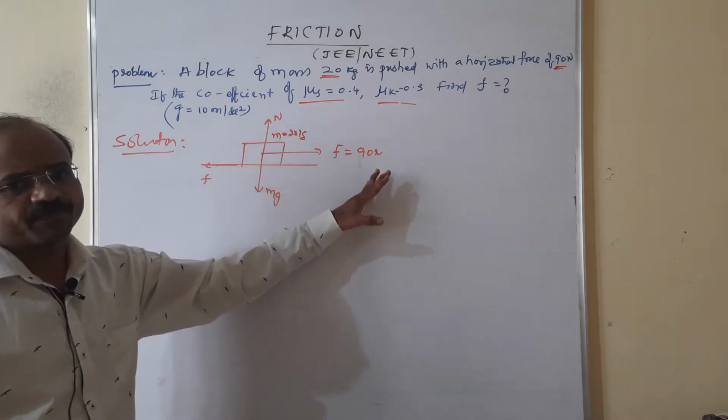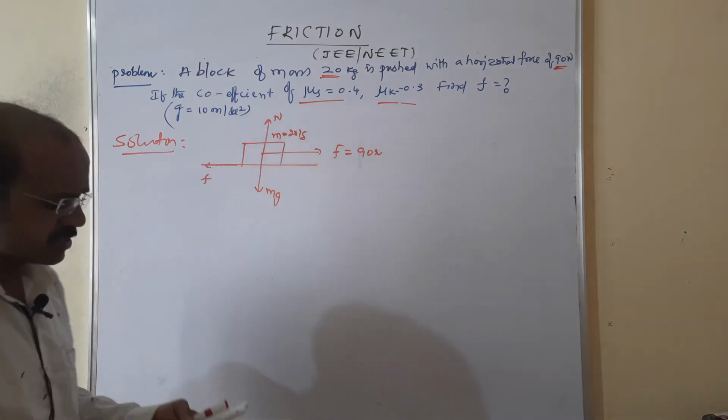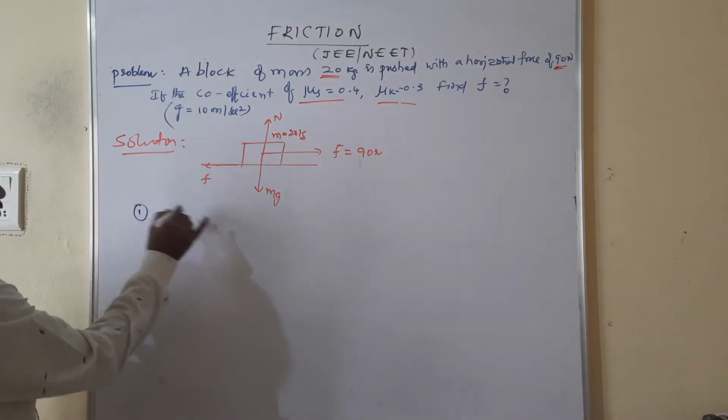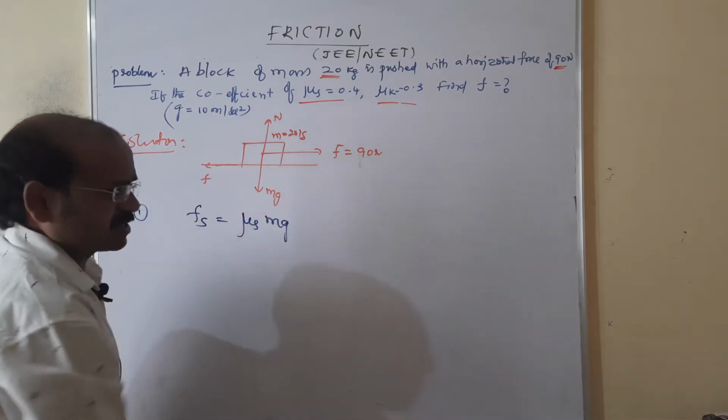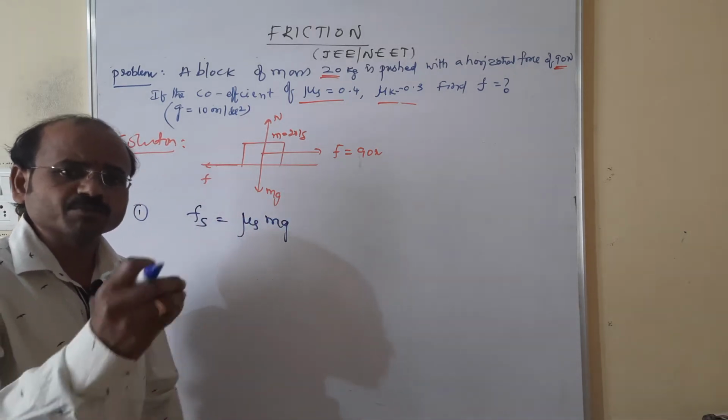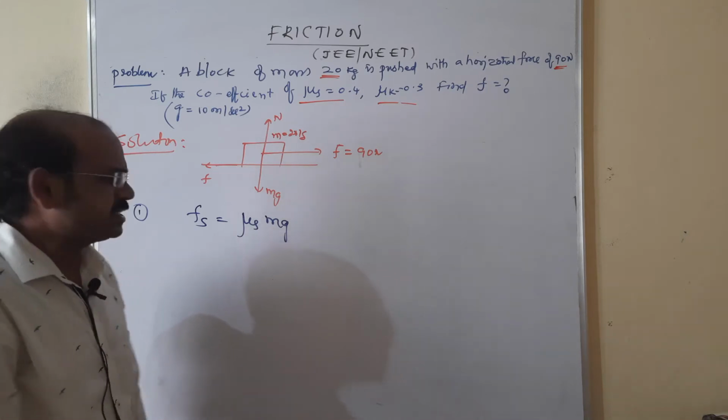We have to confirm that first. There is a diagram with the 20 kg mass and an applied force F of 90 Newton. For that purpose, first of all we should get the static frictional force, because only after knowing the static friction can we say whether the block is at rest or in motion.